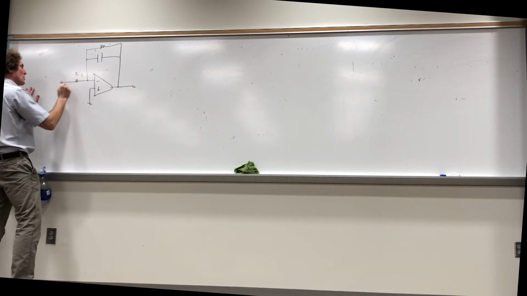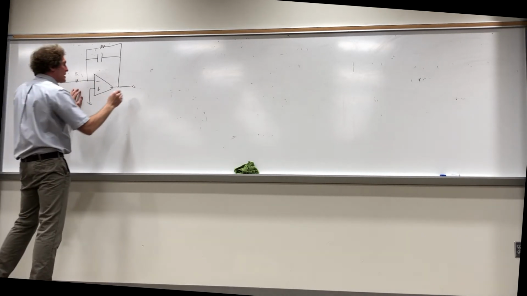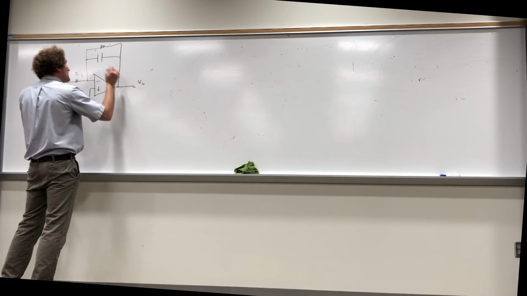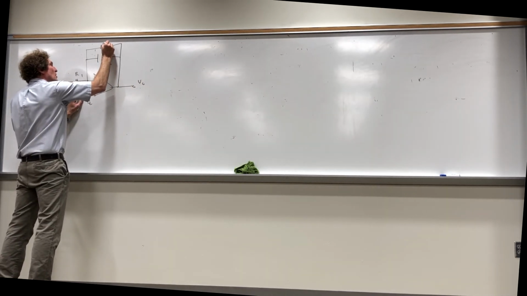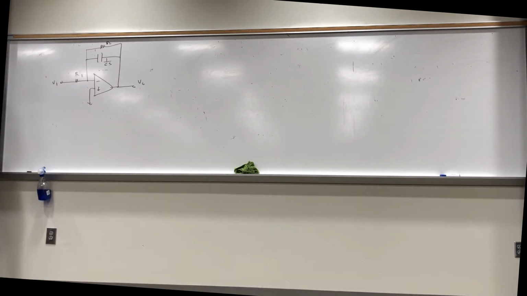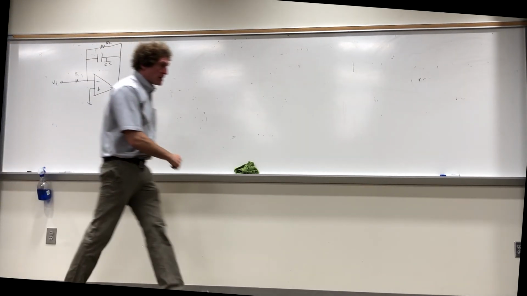I'm going to call this R1, that's Vn. This is V out. The impedance of this is 1 over CS. The impedance of this will be R2, right? Now please follow me on what I'm doing. It's very, very important you're attentive here, because the book makes it a little harder, I think.